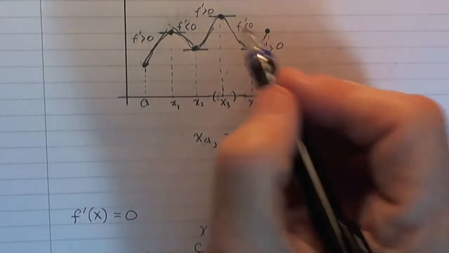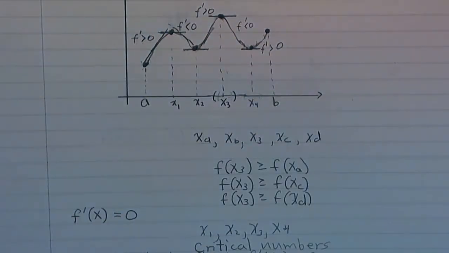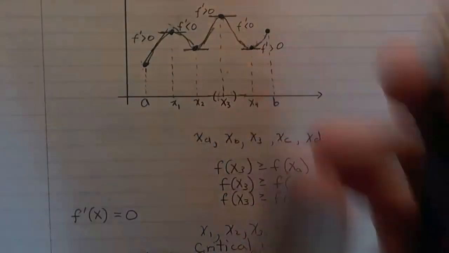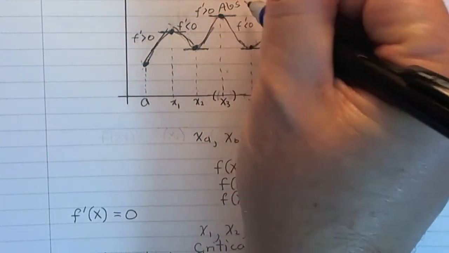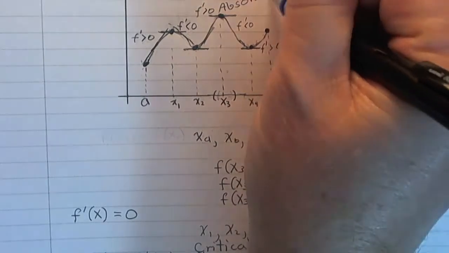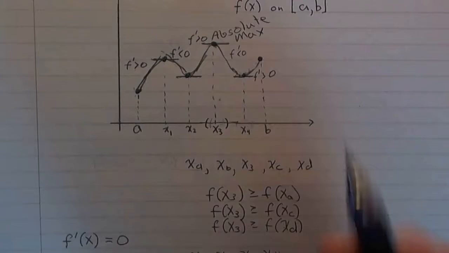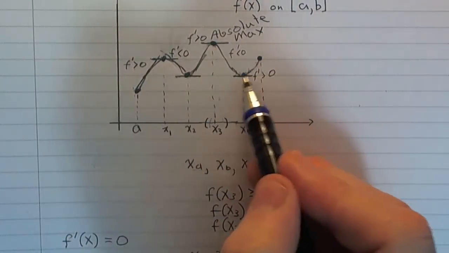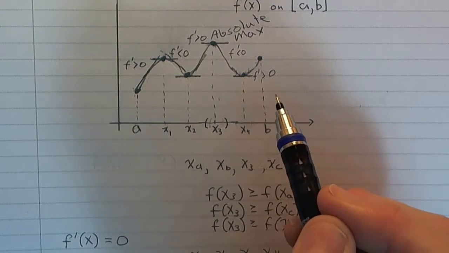Okay? Now, these are all local. In their small little neighborhood, they're either the biggest value or the smallest value. However, there is one here that is the absolute biggest value on this curve.